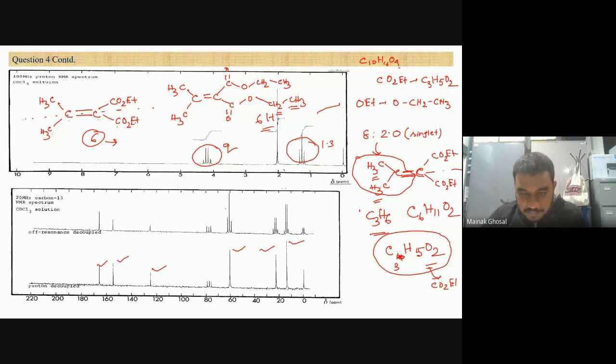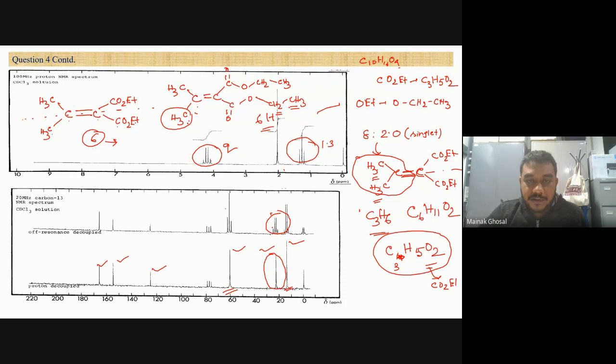You see here a peak at 60 and another peak at 15. Also you see another peak, which is also the presence of a methyl, but it is more deshielded, which is possible due to this methyl carbon. Another way to confirm that this is a methyl carbon is that since it has three hydrogens, it will couple with 3, giving 3 plus 1, 4, that is a quartet pattern. So it is possible that this is that carbon.